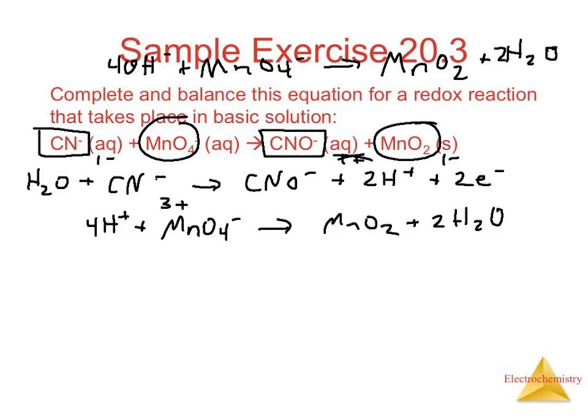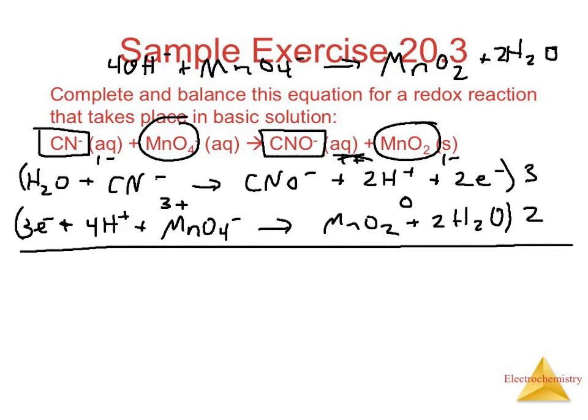And then on the other side, I have a 0 charge. It's neutral. So I'm going to need to add 3 electrons to this side to balance out my charges. Okay, then on this one, I have to multiply both of them to get them to the least common multiple. So I'm going to have to multiply this top one by 3, and I'm going to have to multiply the bottom one by 2. And that will give me the right number here.